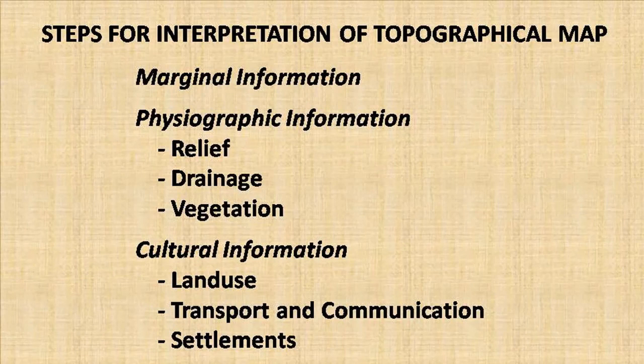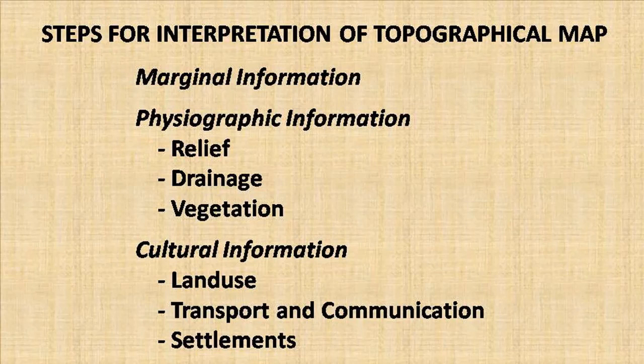There are some steps that we should follow while interpreting a topographical map. The first step is marginal information. From the marginal information, we can get various types of information. For example, the area to which a topographical map belongs, the year in which the area was mapped, the name of the publishing agency, then the position of the latitudes and longitudes.